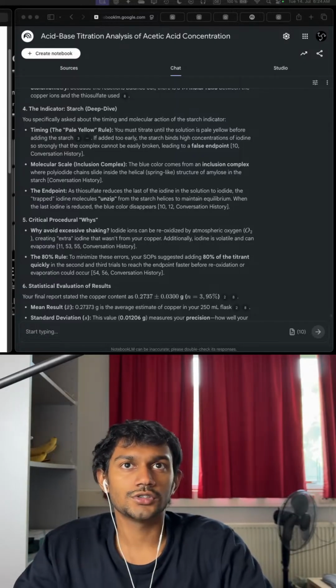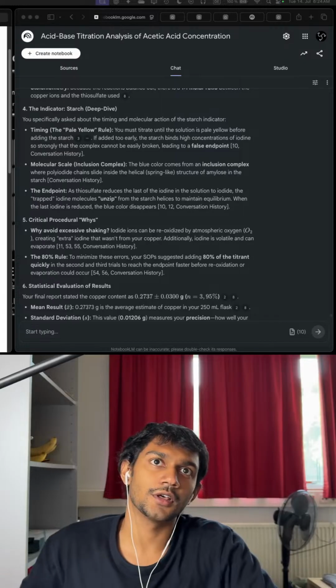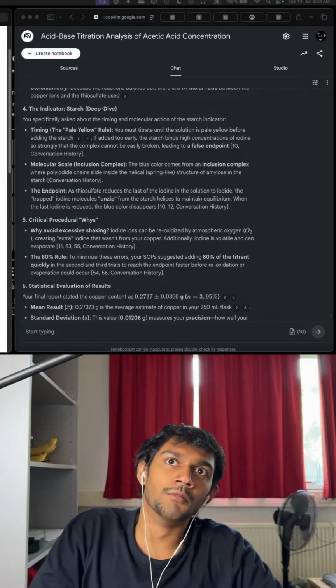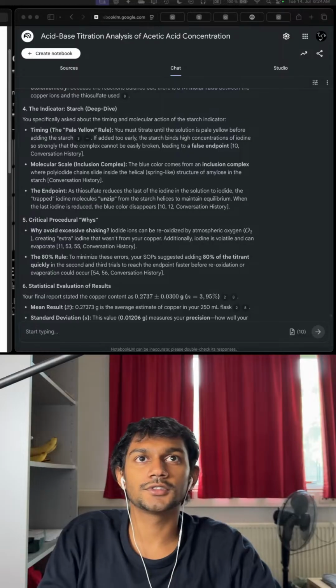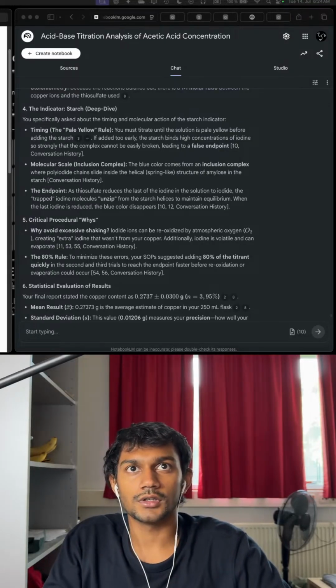The color change observed is caused by displacement of the indicator from the metal ion. This transition from red to yellow is driven by the relative stability of the complexes formed and the electronic environment of the indicator molecule.